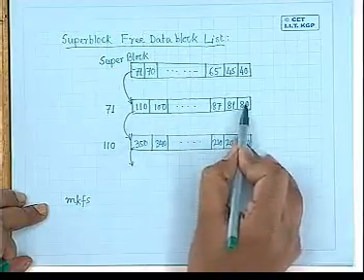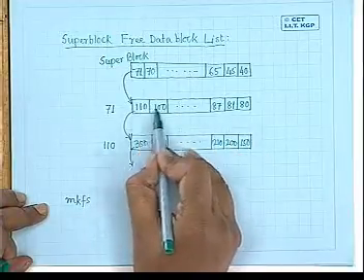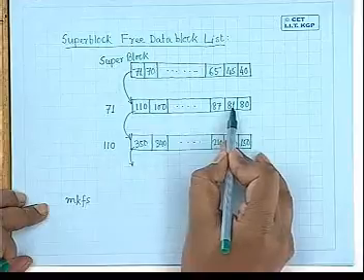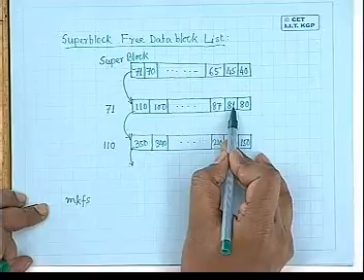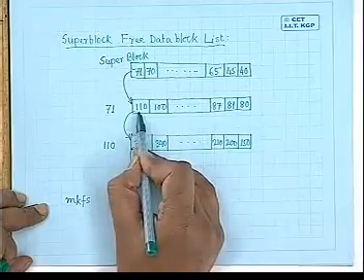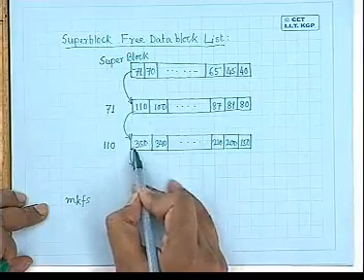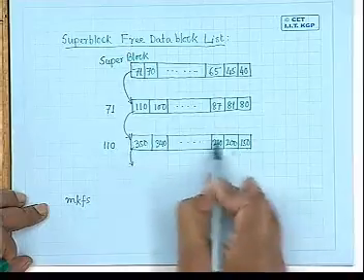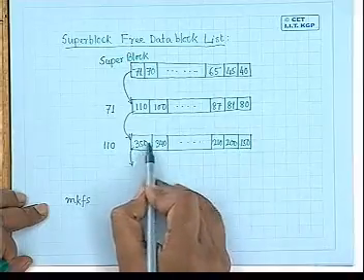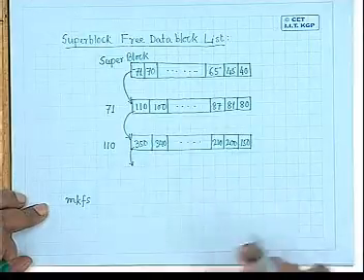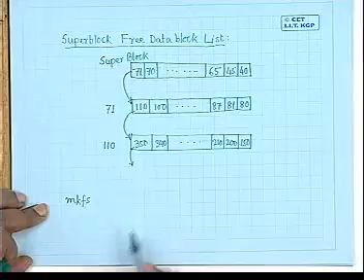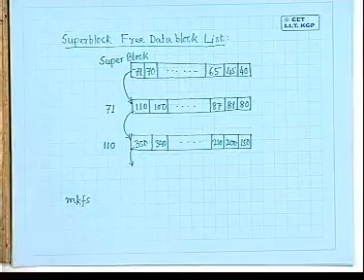Block number 71 is again a link block, which contains a list of free block numbers. Again the last entry, which is block number 110, points to block number 110. So block 110 is again a link block, which in turn contains a list of other free data blocks on the file system, and this way it continues.